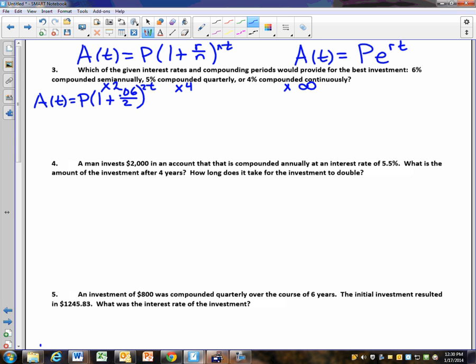Let's simplify that. The amount at time t is equal to the principal times 1.03 raised to the 2t. Everybody agree with that?